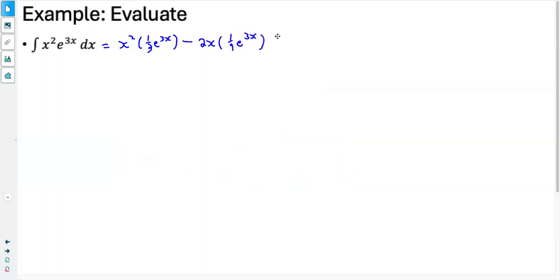And then, because this one was minus, this one's plus, derivative of 2x is 2 times the integral of this, so that'd be 1 over 27 e to the 3x. And we no longer have an x to take the derivative of here, so we would be done at this point. We would just go through and simplify.